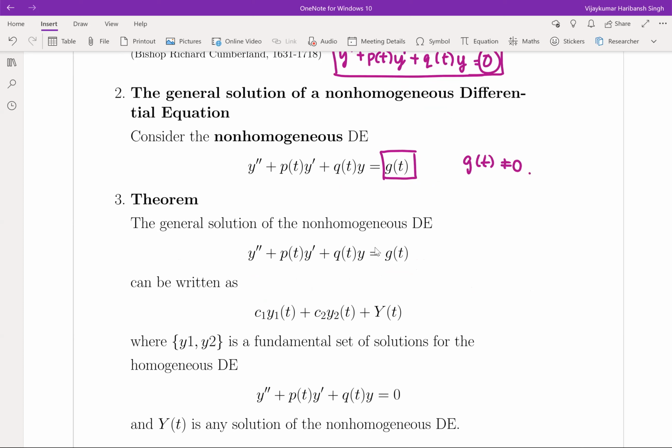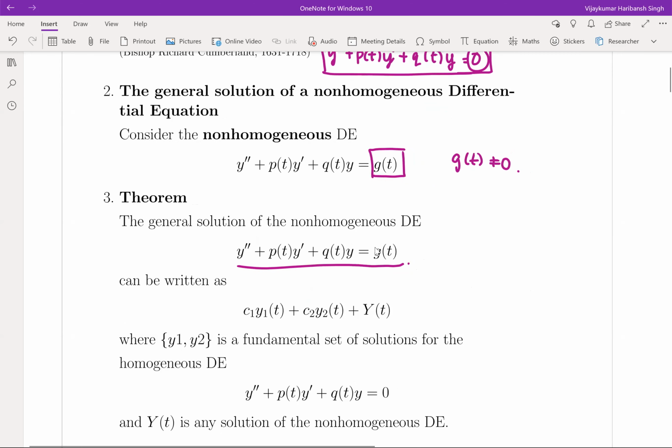So for that, we have the following theorem. If you take y'' + p(t) y' + q(t) y = g(t), then the solution to this differential equation is given in the following form. It is c1 y1 + c2 y2 + Y(t). Now, what are these y1, y2, and Y(t)?